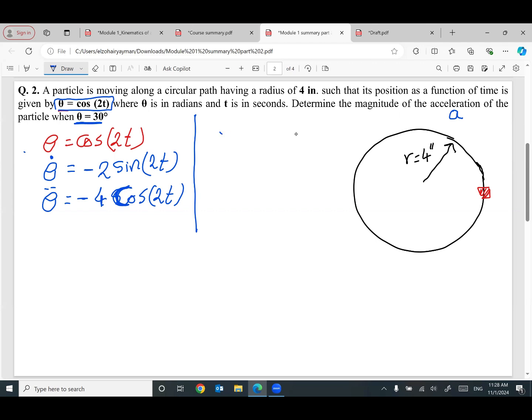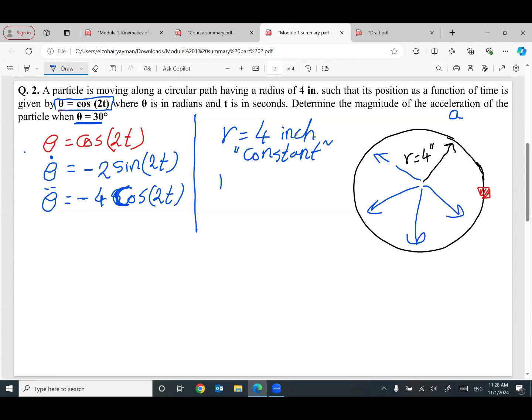So when theta equals 30, let me finish this first. Since your radius is given as 4 inch, this 4 inch is a constant value. It's not given as a function of time, because at any time, after 1 second, 2 seconds, 10 seconds, the radius will remain the same, 4 inch.